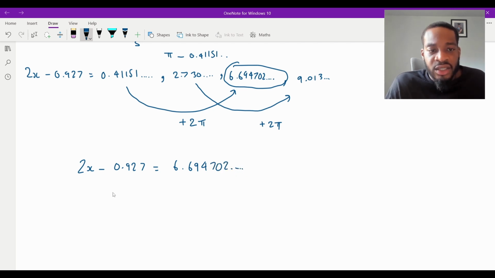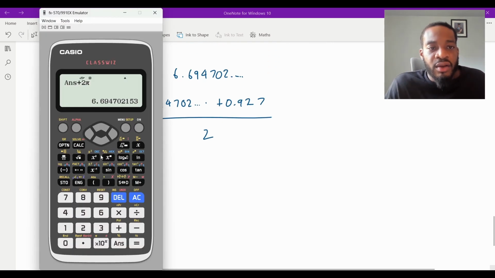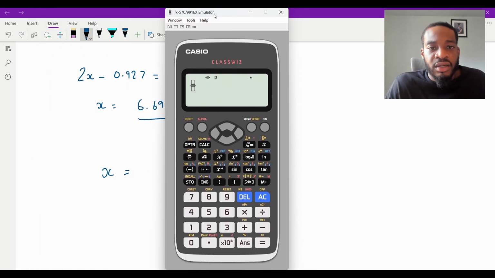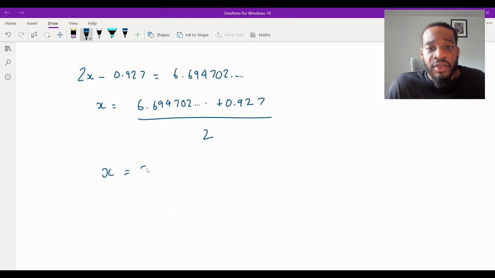And then that would mean essentially that x is going to equal, add that on, add on the 0.927, and then divide it by 2, and that is going to be our answer. So x is going to be, and I've got that number stored, so let me just put that in. It's going to be essentially just answer plus 0.927 divided by 2. And that gives us that number there. And it's set to 3 significant figures. That's going to be 3.81.